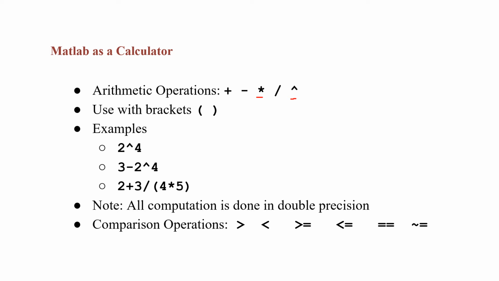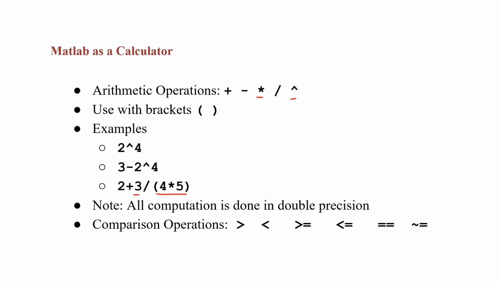The last example is actually 2 plus 3 divided by 4 times 5, meaning we want to perform 4 times 5 first, and then divide 3 by 4 times 5, which is 3 by 20, and then add 2 to that. So understanding the priority of the operations is very important here. If you ever forget, you can always use brackets, because brackets always have the highest priority.